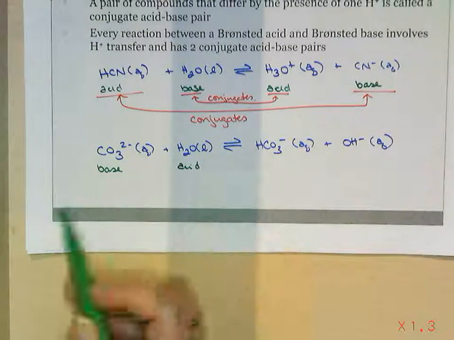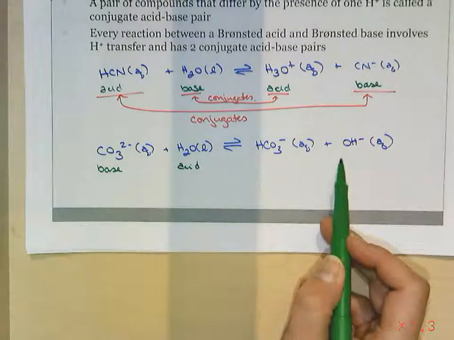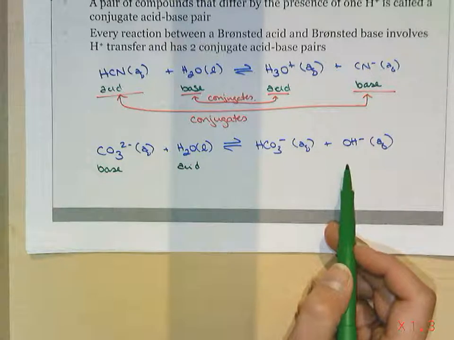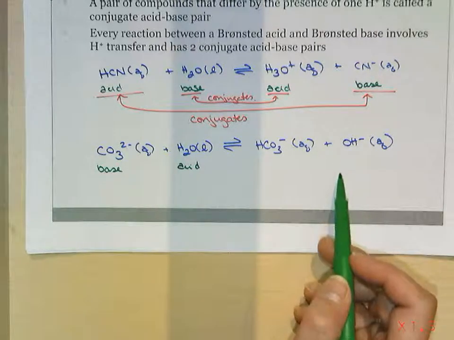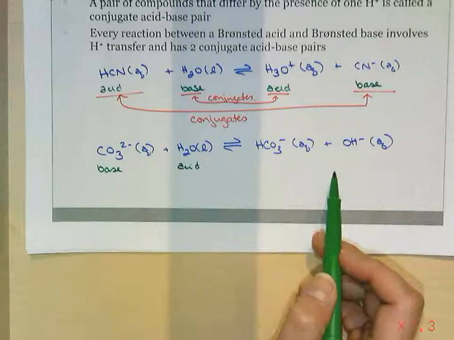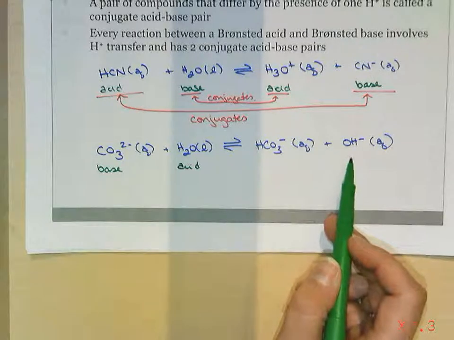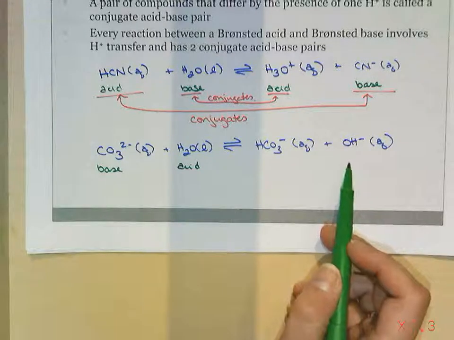Then we have hydroxide over here. Is hydroxide going to donate another proton and become O2-, or is it going to gain a proton and become water? It's going to want to gain one. Don't ever lose a proton off of hydroxide to become free-floating elemental oxygen. Bad chemistry.